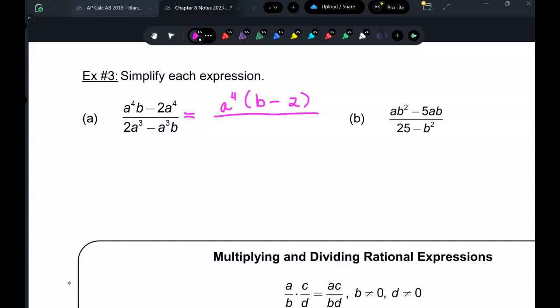And what can I take out of the denominator? A to the third, and I'm left with 2 minus b. Okay, so these are opposites, so that's going to give me a negative 1. What's going to happen with the a to the fourth over a to the third? It's just going to be a, so we get negative a.